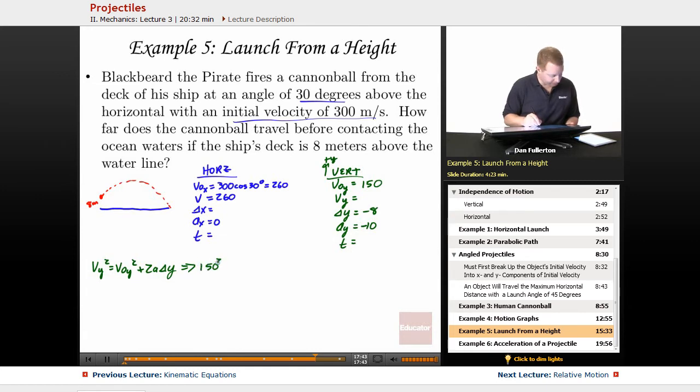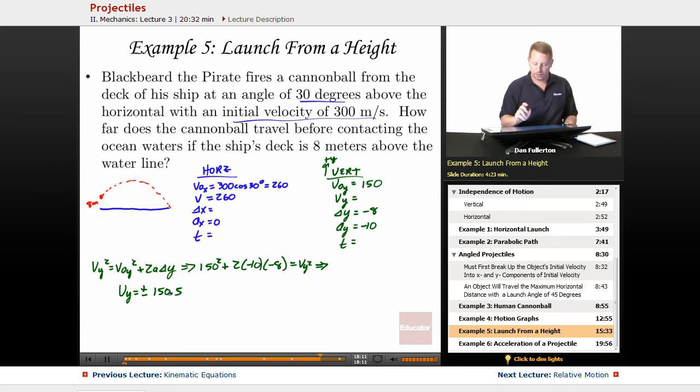Therefore, 150 squared plus 2 times negative 10 times negative 8 is going to equal Vy squared, which implies then that Vy must be equal to plus or minus 150.5.